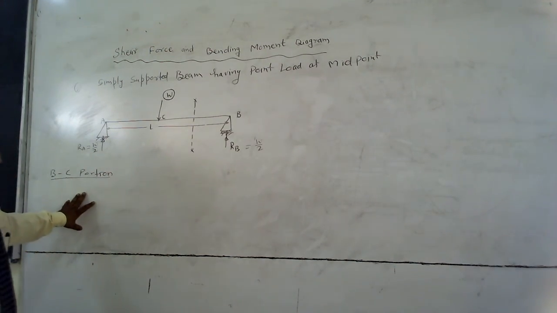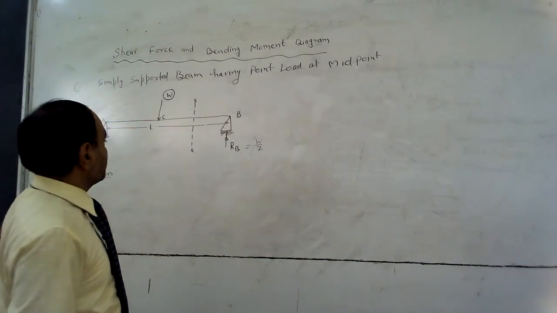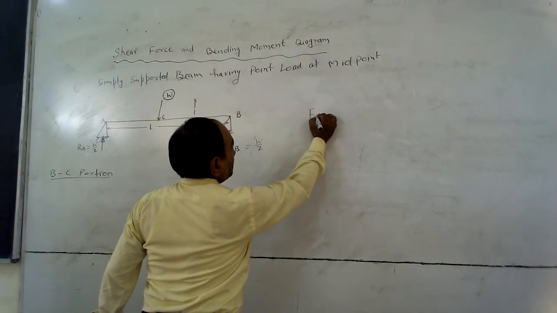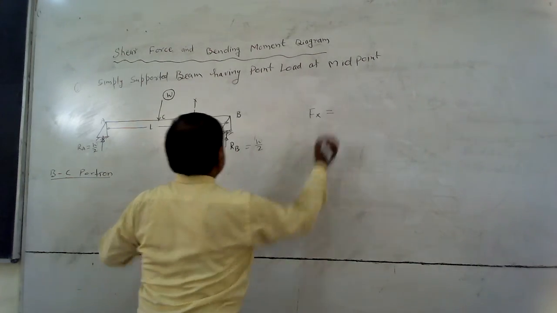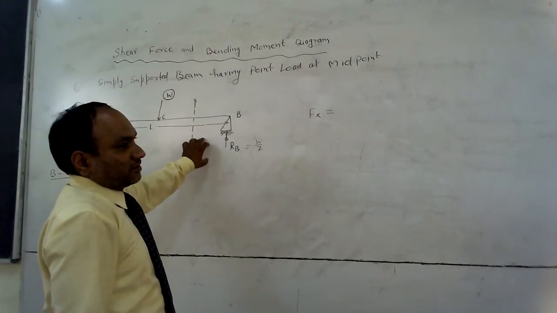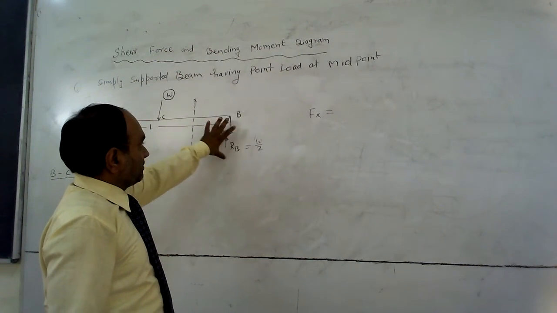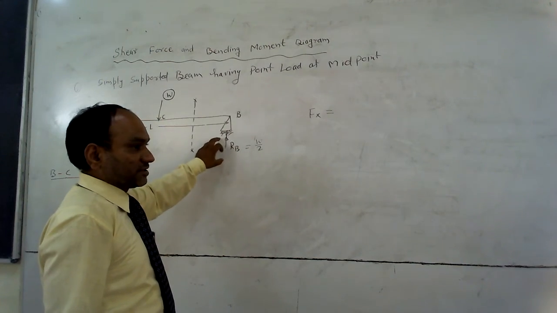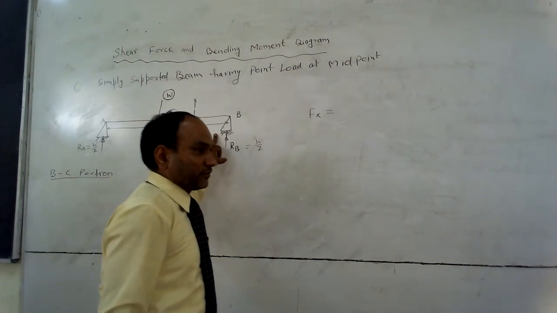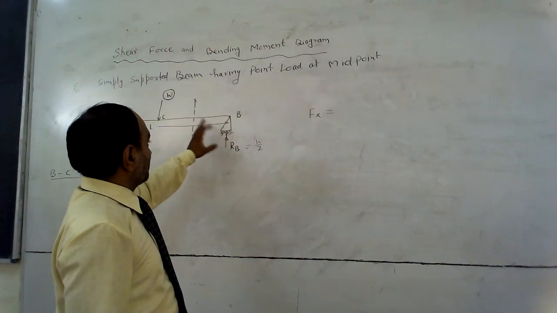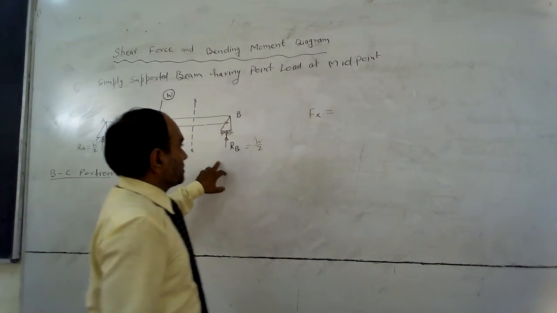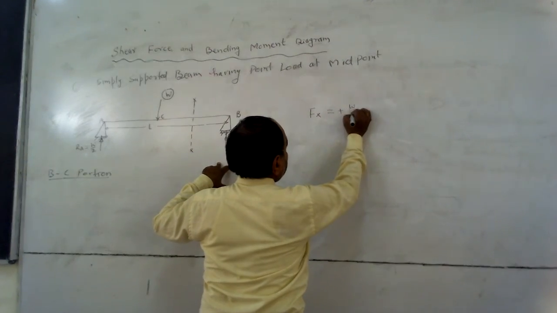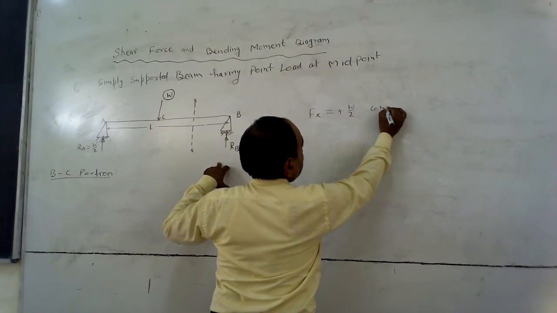For shear force Fx in portion BC, on the right side of this section there is only one force, that is Rb, W by 2. It is acting upward. In the sign convention, the upward force at the right section is positive. So plus W by 2. This is a constant value.